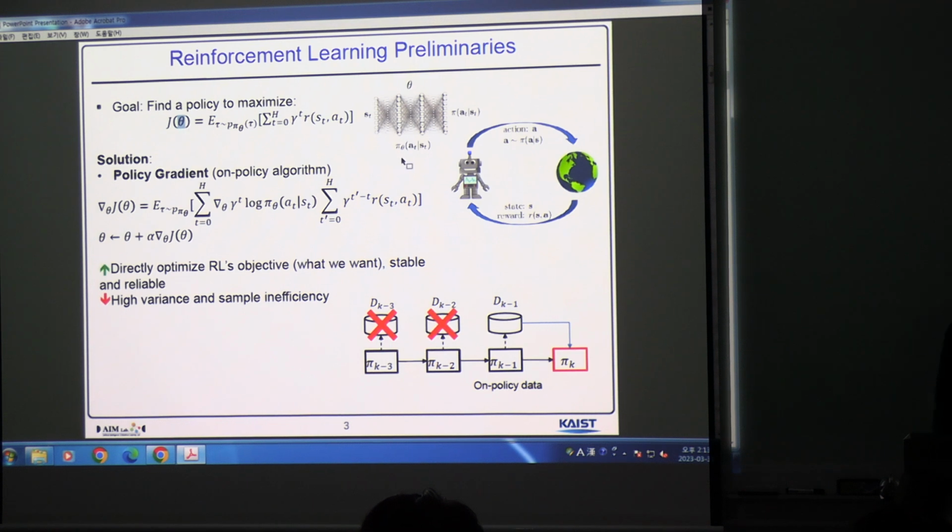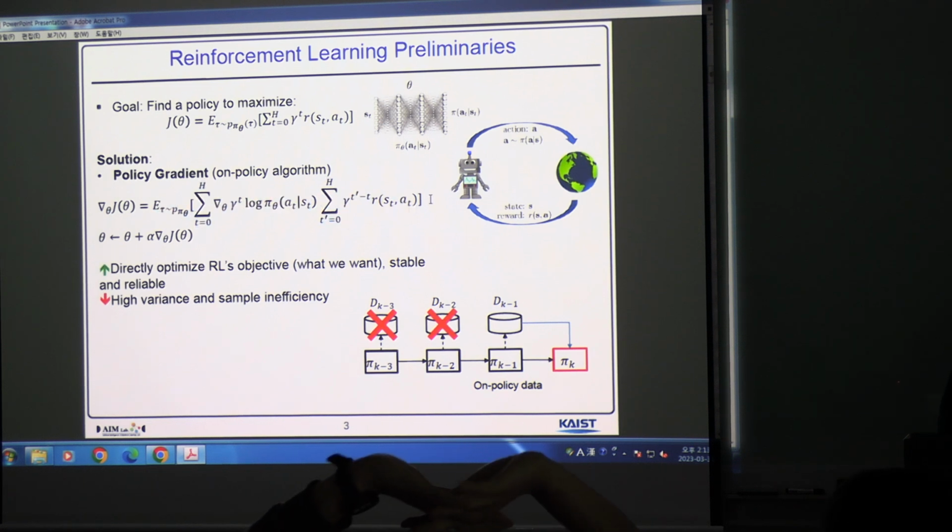Assume here that we parameterize the policy by some parameter theta, such as a neural network, and then we directly take the derivative with respect to the parameter of the policy. And the form is like this. It's a little bit complicated, but it's just like this. And then we will use this to update the parameter of the policy.